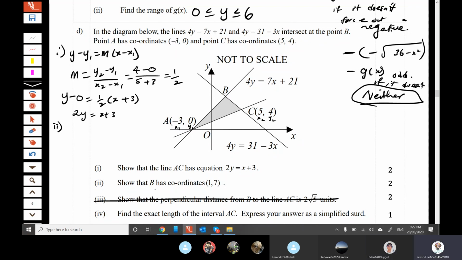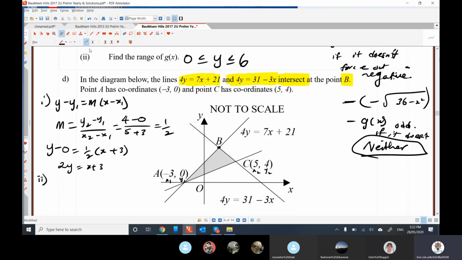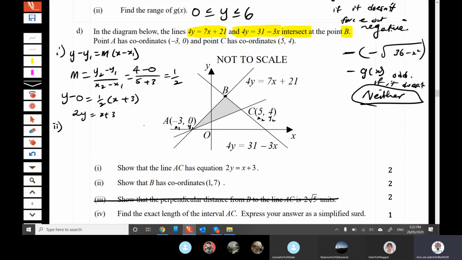Okay, show that B has coordinates 1 and 7. All right, how do we find B? I pretty much highlighted the answer so you guys can focus on that.